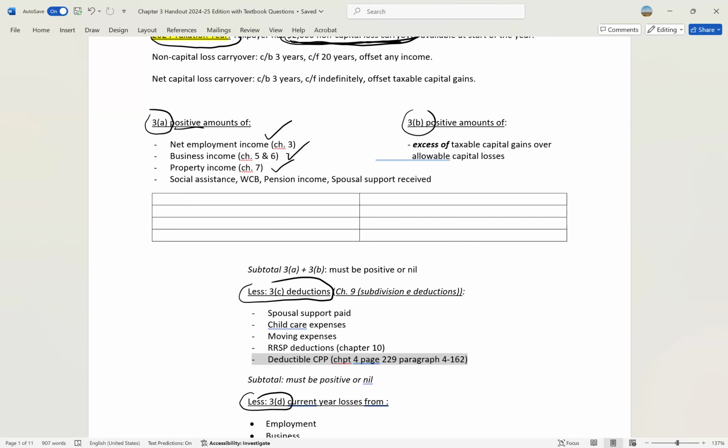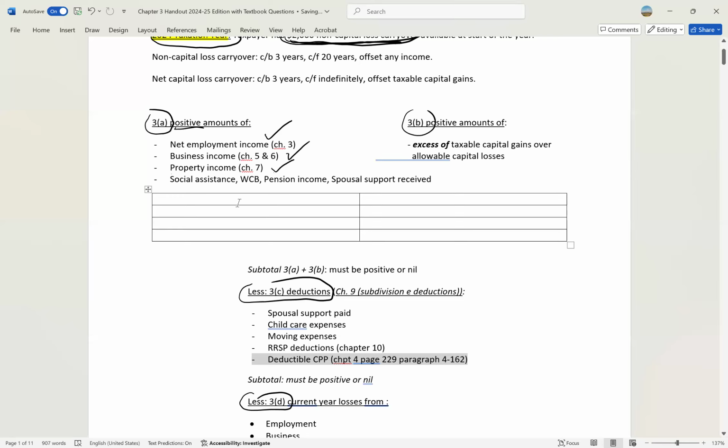Also, you would include social assistance, workers' compensation board payments, and any sort of pension income. So if you are withdrawing from your RRSP, that would be considered pension income. If you're collecting CPP, Canada Pension Plan, you include that in your calculation as well. And also any spousal support that is received. So those are all amounts included in 3A.